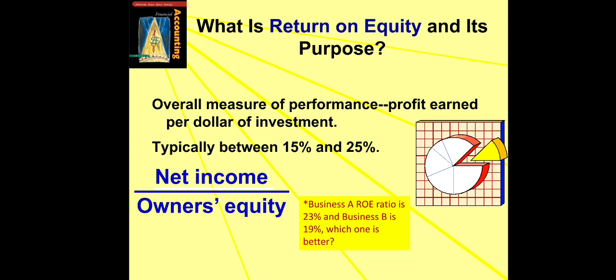Before you invest, you can use this ROE. You check the income statement and balance sheet of the business, and then you calculate ROE. If the ROE of the business is between 15% to 25%, then most of the time it is a good idea to invest.